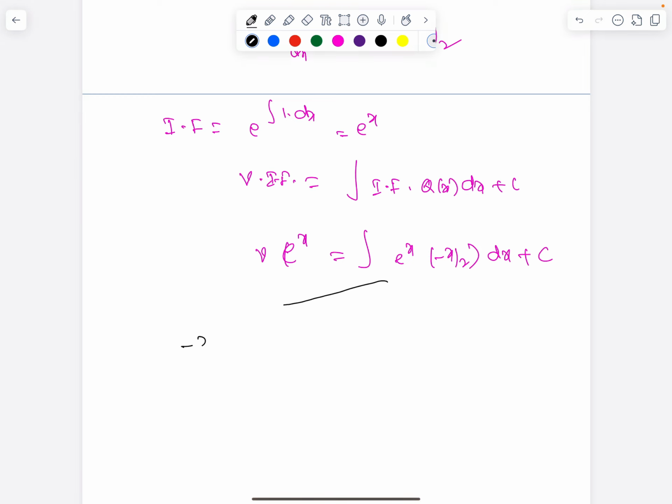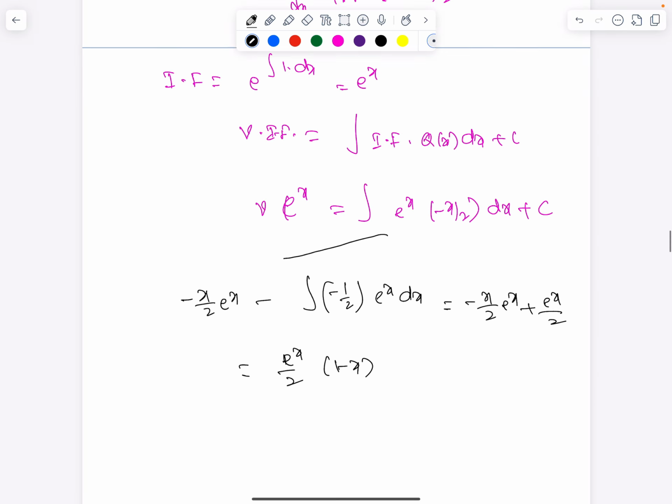That is minus x by 2 into e power x minus the integral of minus 1 by 2 into e power x dx, which can be further reduced to minus x by 2 e power x plus e power x by 2, which is equal to 1 by 2 times e power x into (1 minus x), is the output.